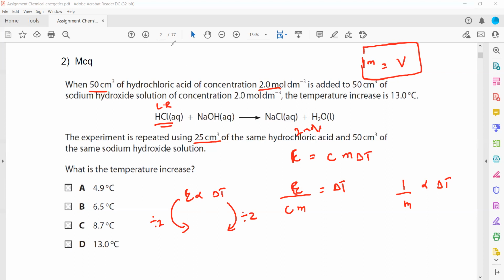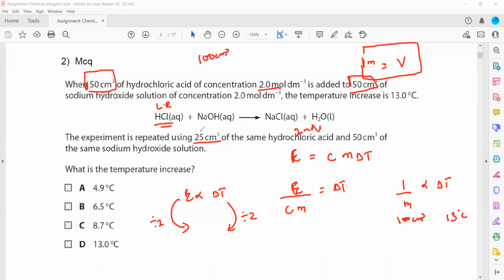But what about the volume? Originally we were using 50 cm cube of sodium hydroxide and 50 cm cube of HCl, so the total volume was 100 cm cube, causing a temperature change of 13.